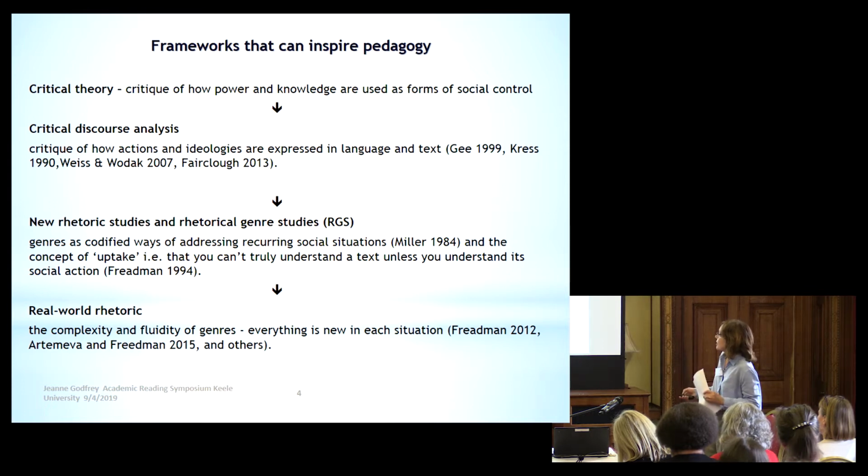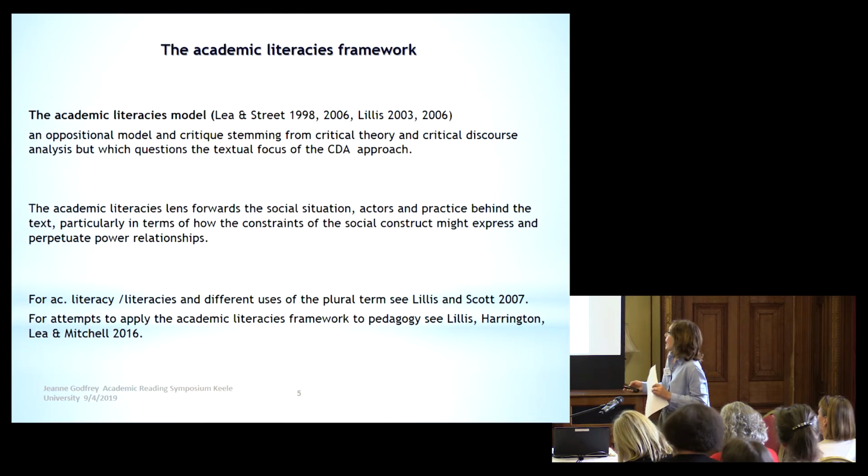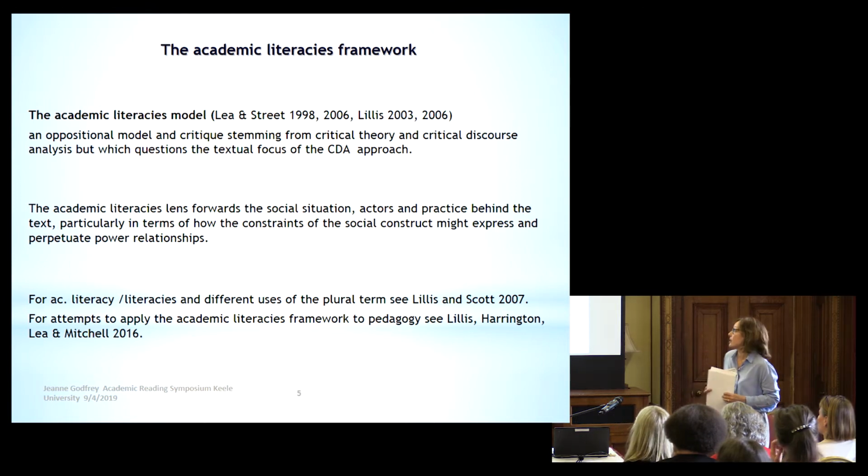So those are the quick run through of the frameworks. And of course, I have to mention the academic literacies framework, which some of you again will have heard about. Since the late 80s, this model came from new literacy studies.